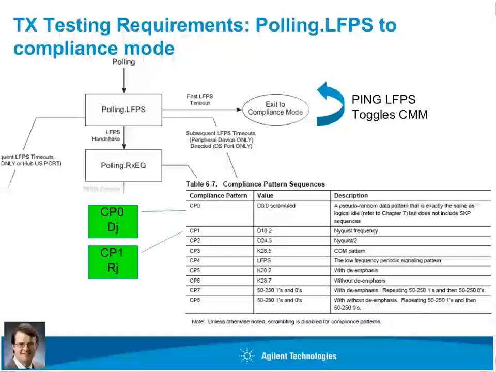So one additional thing to mention about transmitter I pattern testing is that it requires 2 different test modes to be supported by the product under test. The way to get into those test modes is quite a bit different than what USB 2.0 requires. USB 2.0 requires a special tool developed and provided by the USB-IF to enumerate the device or run on the host under test, and you drive the software to indicate the test modes that you want to enter on the device to test the signal quality requirements.